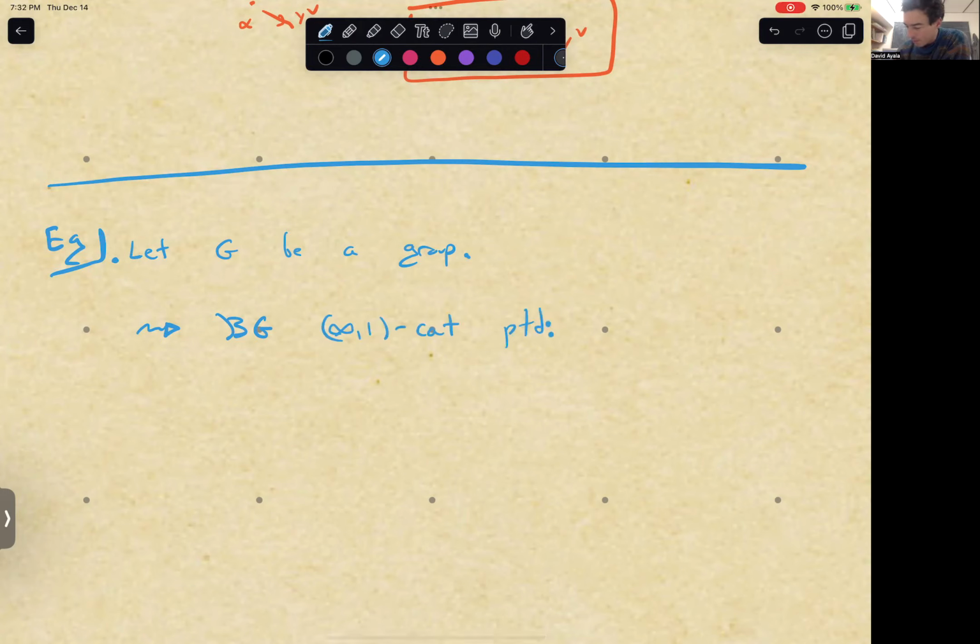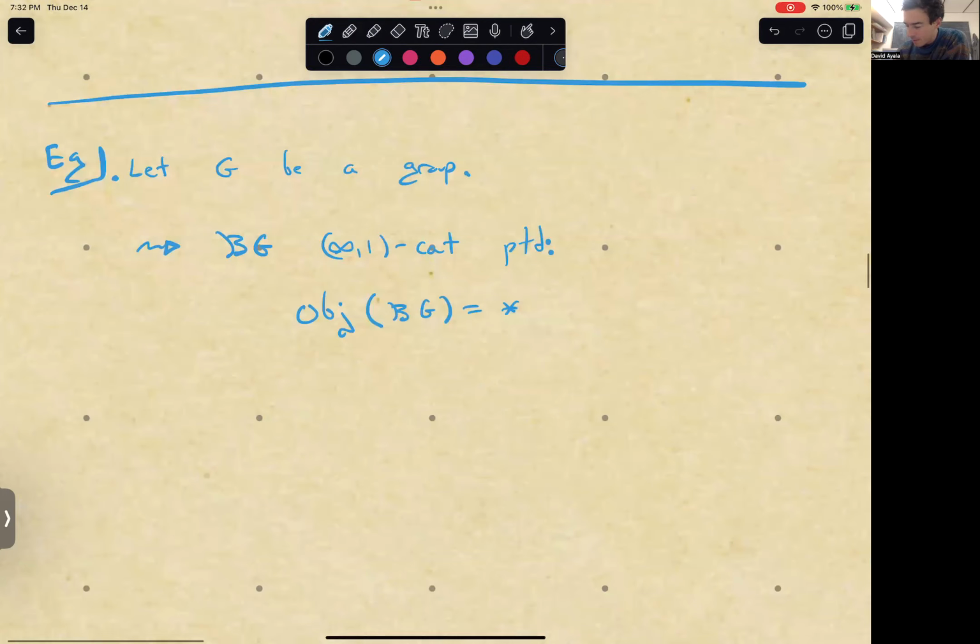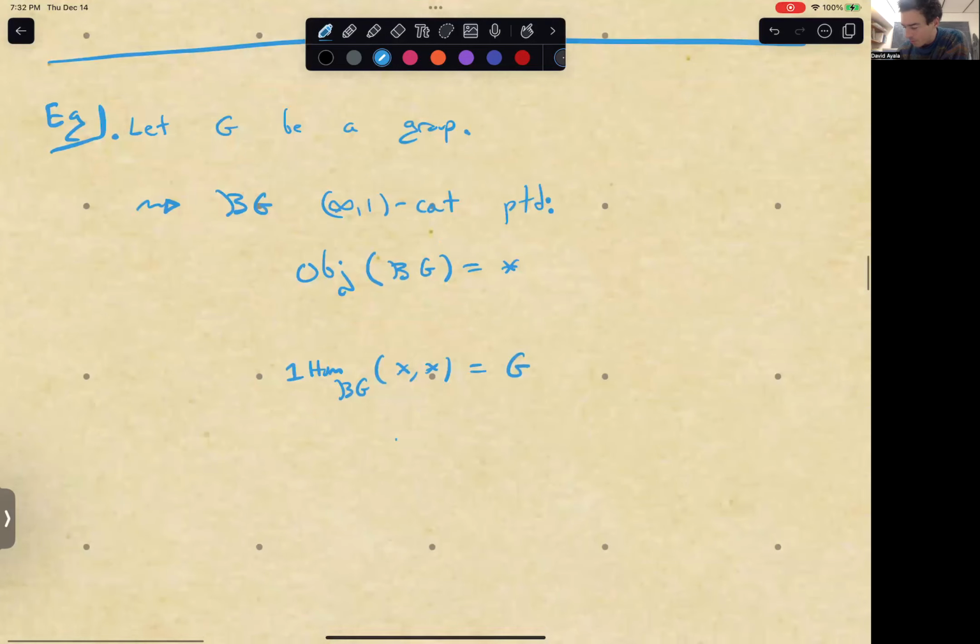What is the moduli space of objects? There are a few ways of saying this, and I'll say the most intuitive one is a point. And the one morphisms in this category from point to point is equal to G, and the composition rule is equal to the multiplication rule of G. And this is pretty general.